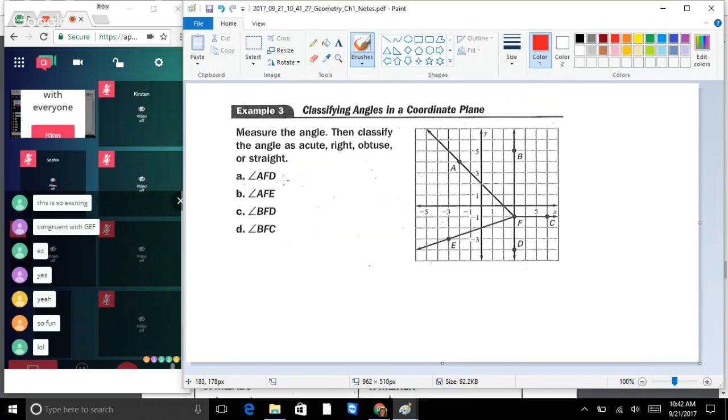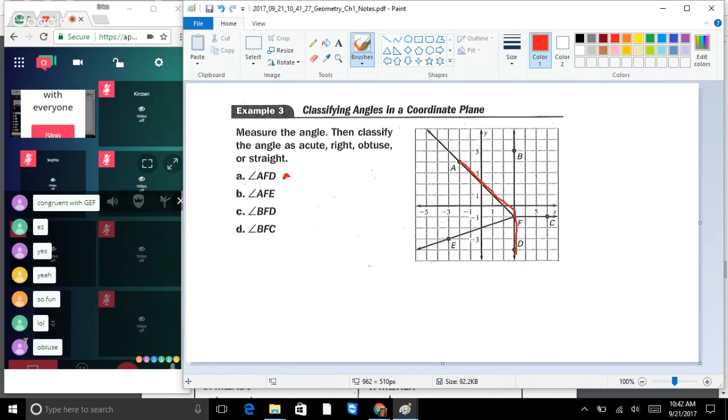letter A. I know, I'm glad you guys are having fun. Hey, it's better than it being really hard, right? So first we have angle AFD. So let's label that on here. AFD. So what does angle AFD look like? Do you think that is an acute, right, obtuse, or straight angle? Obtuse.